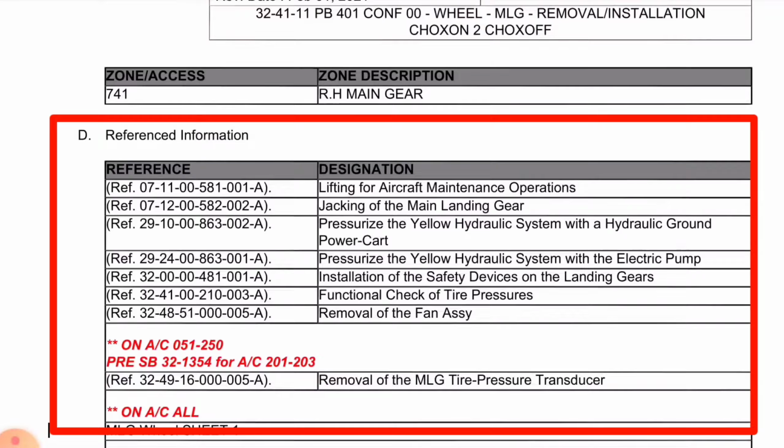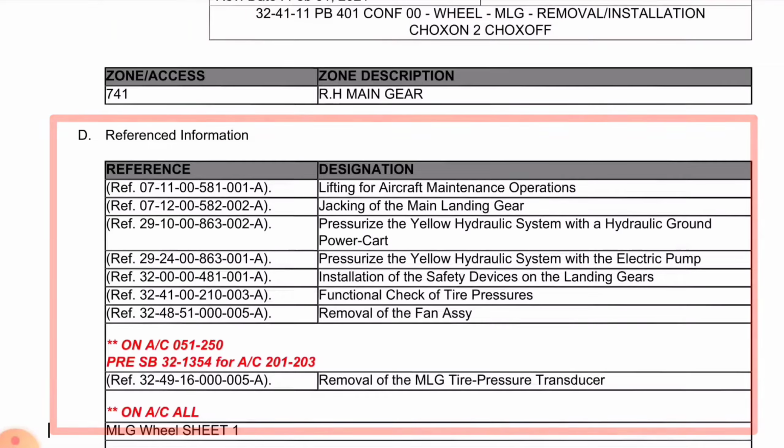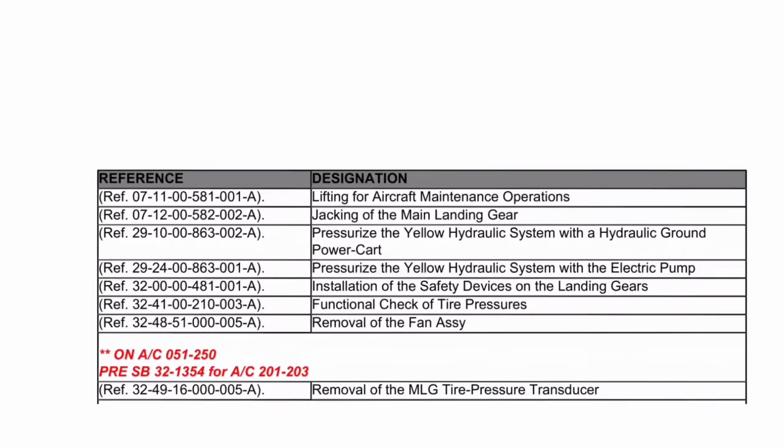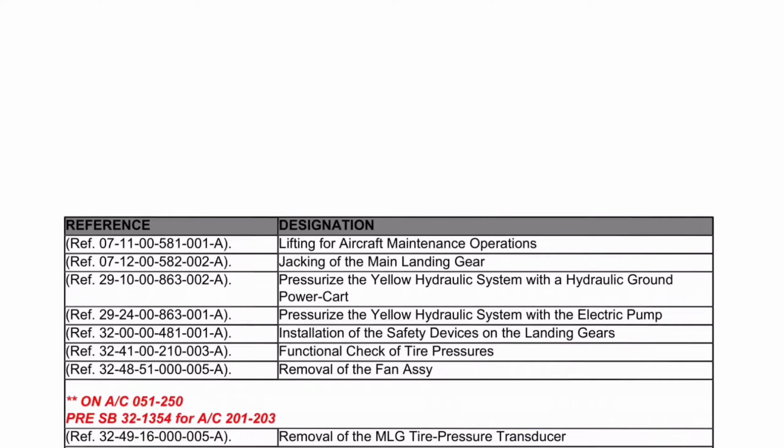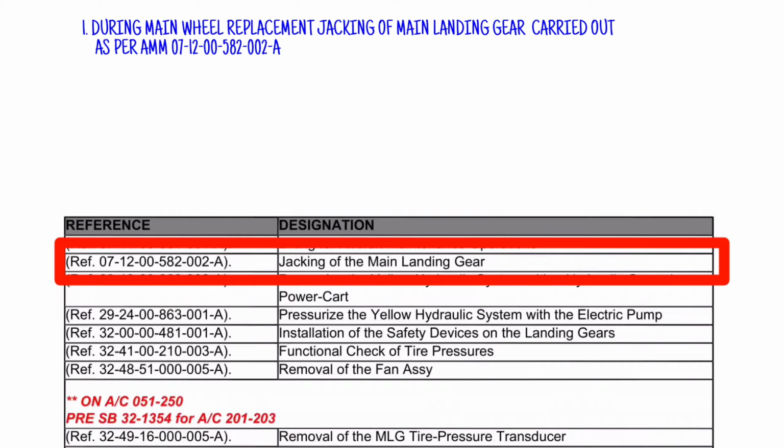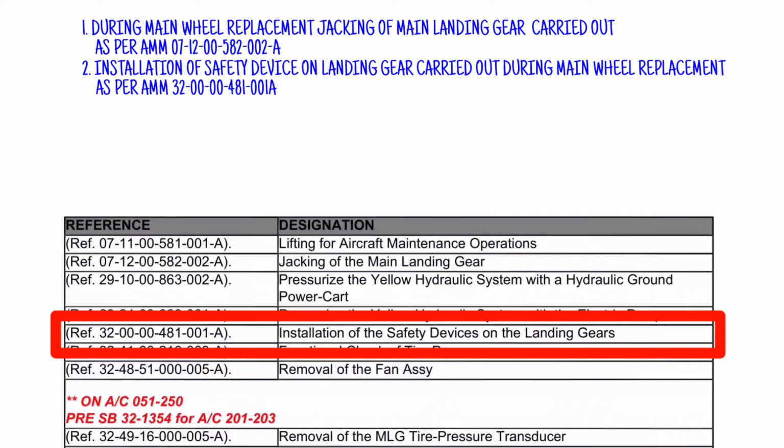So all these subtasks can be made into individual and separate entries while doing this main task of main wheel replacement. For example, you can make an entry like this. During main wheel replacement, jacking or lifting of main landing gear carried out as per AMM 071200 and so on. Or you can make another entry of installation of safety device on landing gear carried out during main wheel replacement as per AMM 32-00-00.